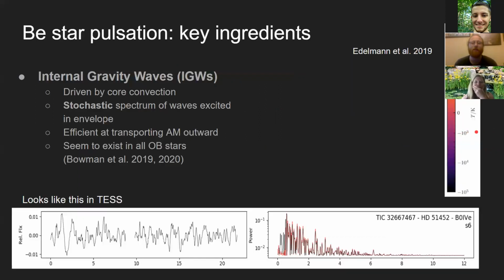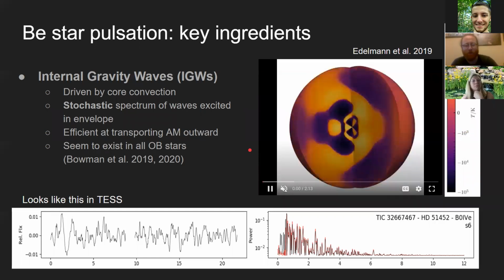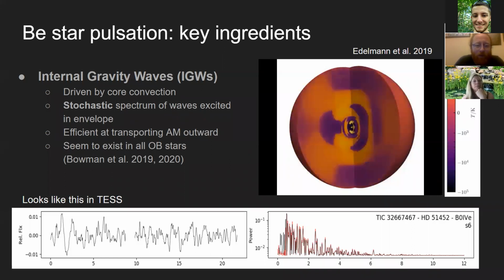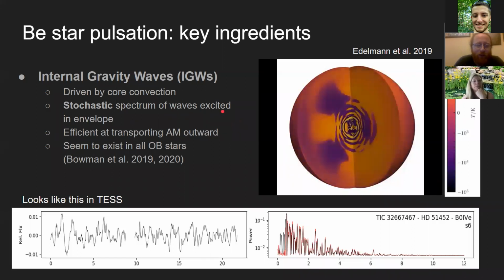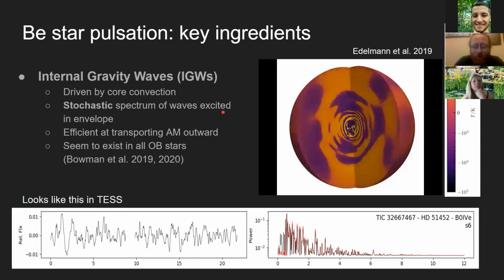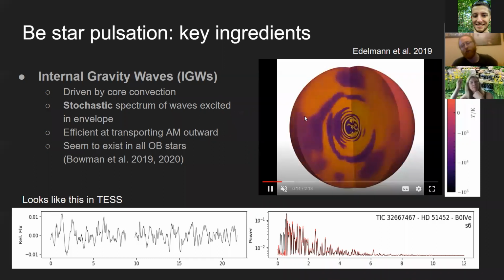So there's a few different types of pulsation that might or do arise in BE stars. And the first one I want to mention are these internal gravity waves. So these might be a little different than what you usually think of as pulsation. These are driven by core convection, and this core convection excites a stochastic spectrum of waves in the envelope, which is shown in this movie here.